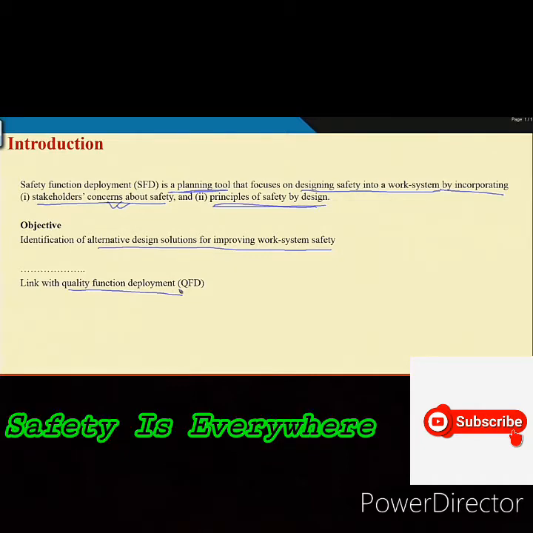So, while developing safety function deployment, I have taken the concept of QFD into consideration, but not in a one to one or ditto manner. Here we have utilized risk hazard identification and risk assessment techniques. We have utilized the principle of the hazard control hierarchy, and we have also utilized whatever tools and techniques you have learned so far. So, one way or other they can be used in this concept.